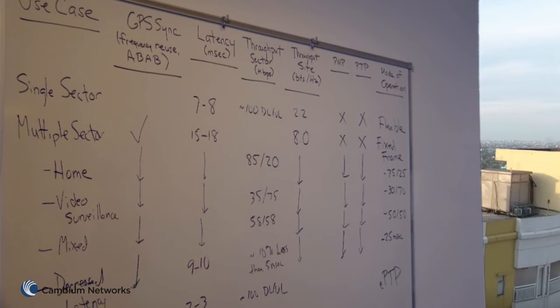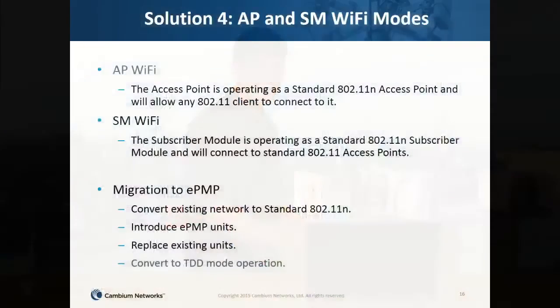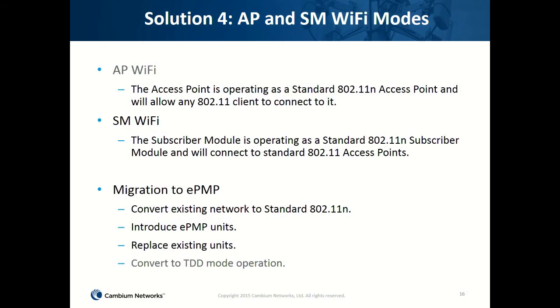Now, last mode that we have is we have the ability to provide migration if you have existing non-ePMP products and they support Wi-Fi mode. So what we do with that is we have the ability on your access point to put it into Wi-Fi mode, or we give your subscribers the ability to go into Wi-Fi mode. So in either mode, what you can do is you can convert your existing network to a Wi-Fi based solution.